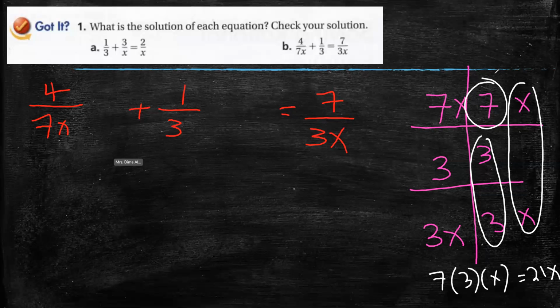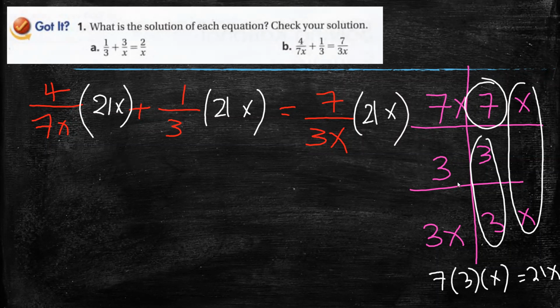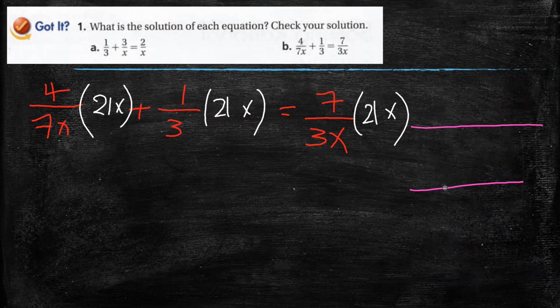Then the next step, you have to multiply 21x by each term. Then, after we multiply each term, let's simplify. x with x, 7 with 21, we have 3. 3 with 21, we have 7.